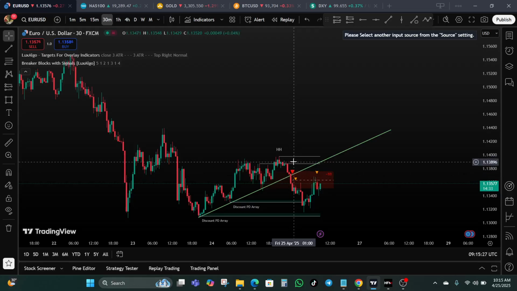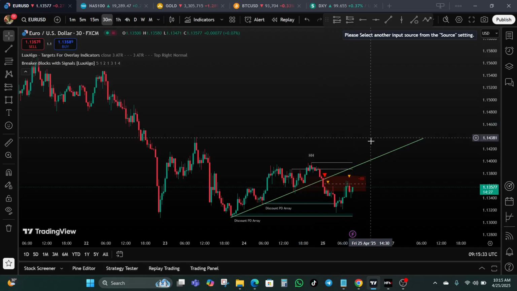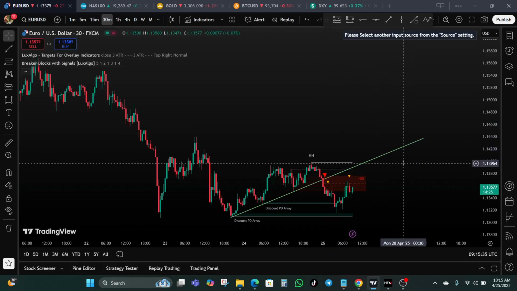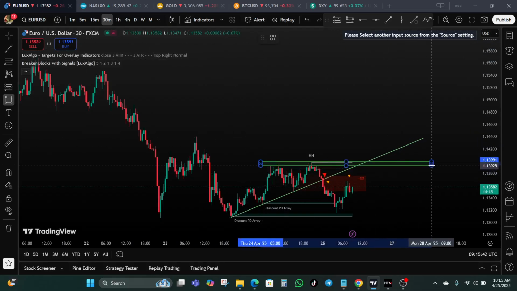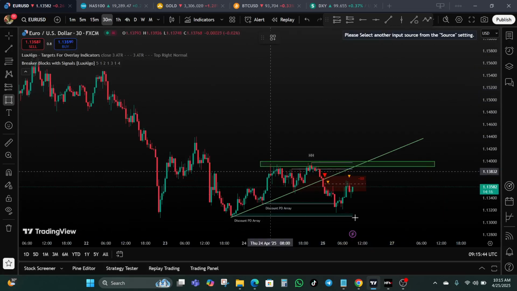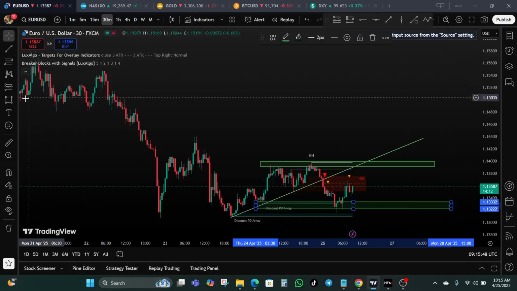Okay, so now let's break down the key overlays. For your support and resistance zones, these zones adapt in real time and help identify areas where price is likely to react. They are important zones on your charts.